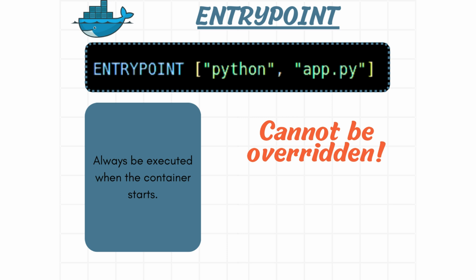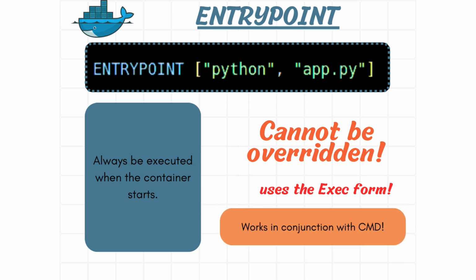ENTRYPOINT allows us to define the main command that should run our application, making the behavior of our containers predictable and reliable. It uses the exec form, where the command and its arguments are provided as a JSON array. This ensures direct execution without involving a shell, making it more secure and efficient. A key advantage of using ENTRYPOINT is its ability to work in conjunction with CMD.